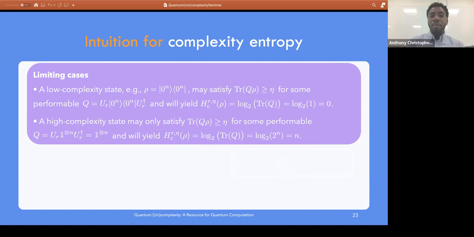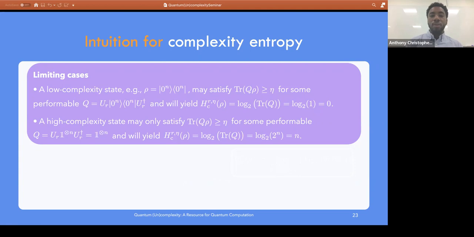So in that case, I'm able to project onto, if you look at this type 1 error bound, that the trace of Q rho is at least eta. Well, in the very best case scenario, if rho is pure and I didn't have any restrictions on Q, I could just choose Q to be the projector onto rho.